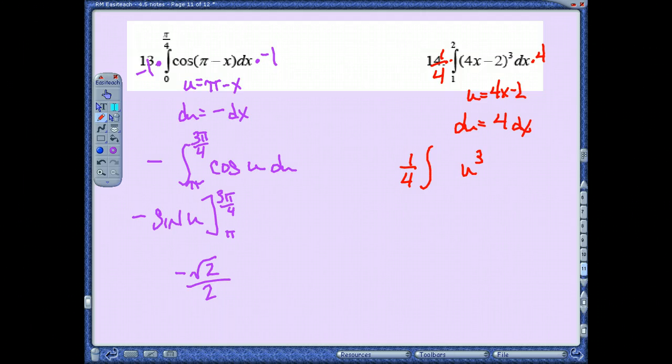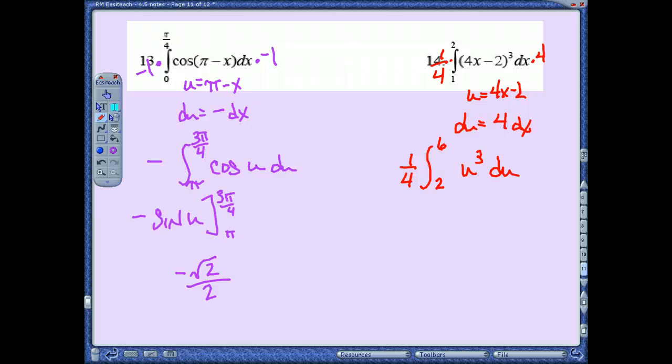So that simplifies to u to the 3rd du. I need to change my limits. So if I put 1 in here, 4 times 1 minus 2 is 2. If I put 2 in there, that top limit up here, 4 times 2 minus 2 is 6.